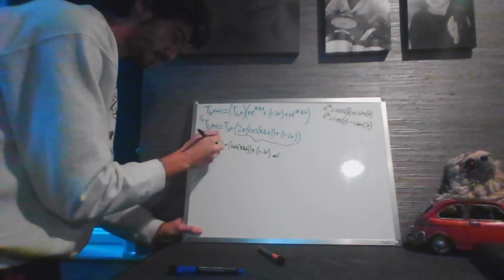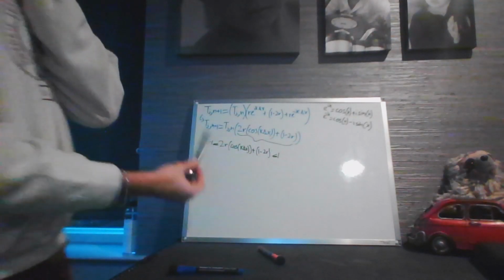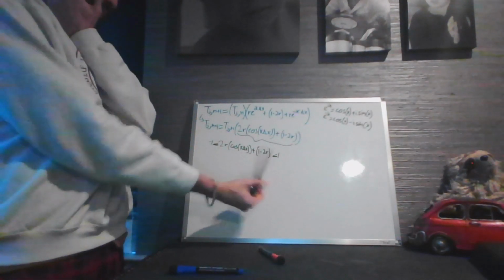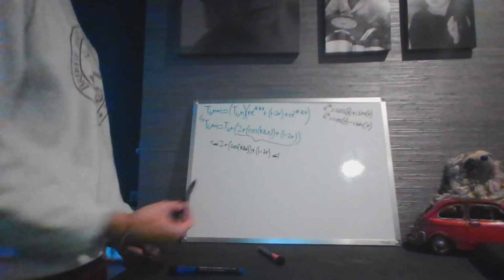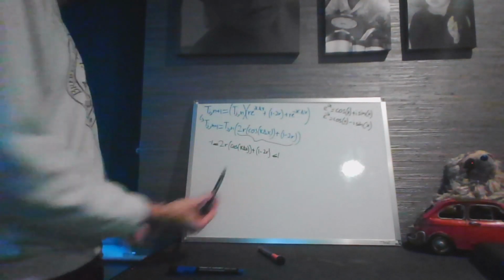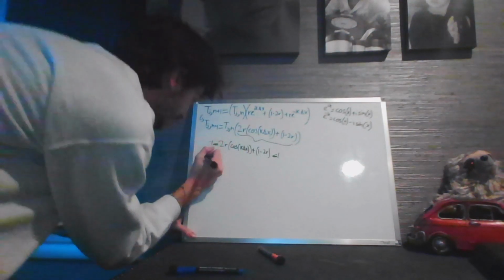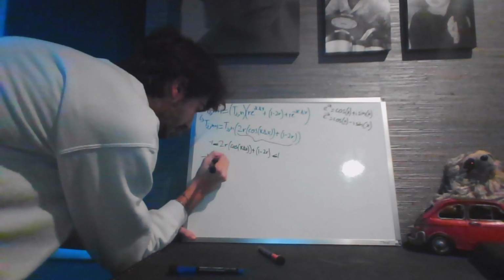Alright, so like I said, it has to be between negative 1 and 1, right? What we can do is simplify this out. This middle term, make these 2 r's all on the same side, so that we end up with 1 plus 2r times cosine k delta x minus 1.